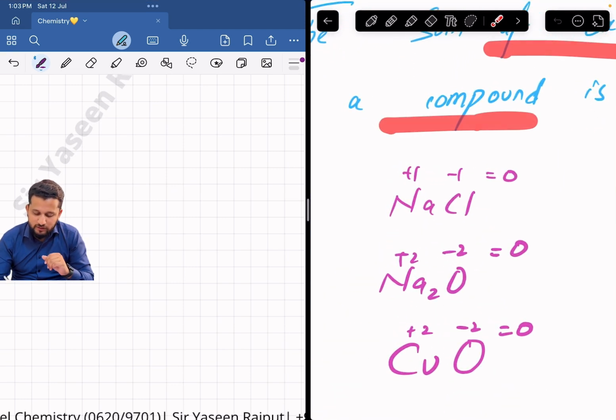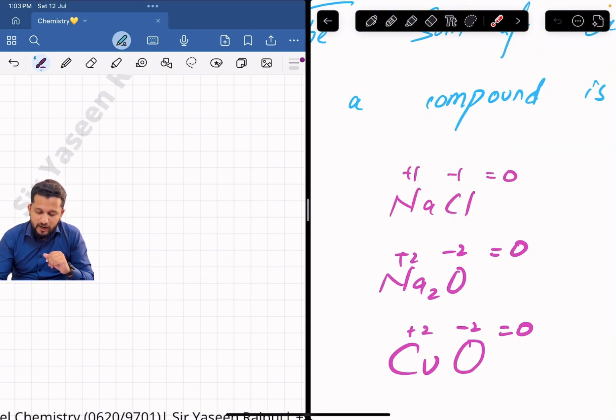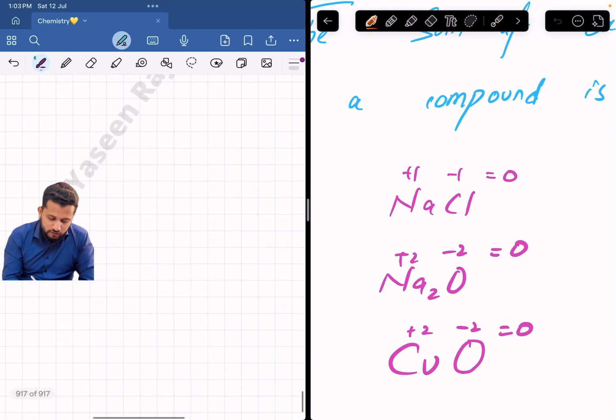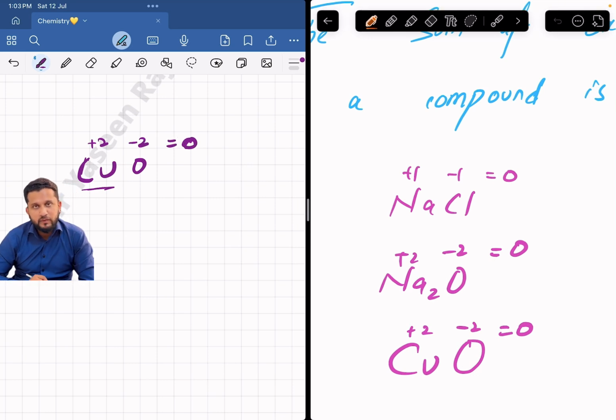You can see over here that sodium has +1 charge, chlorine has -1, and if we sum up these two charges, you will end up with 0. Clear? So this is copper oxide, and what is the oxidation number of copper? The oxidation number of copper is +2, and the oxidation number of oxygen is -2, and the sum is 0.